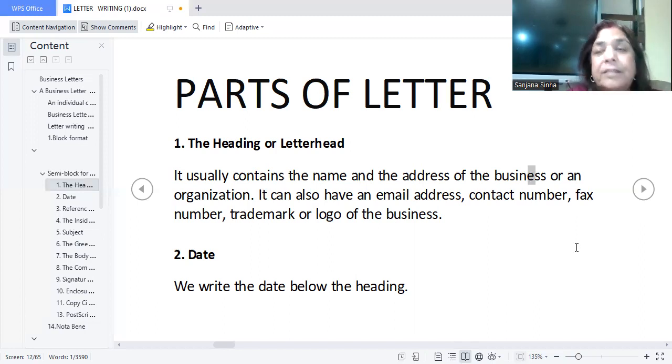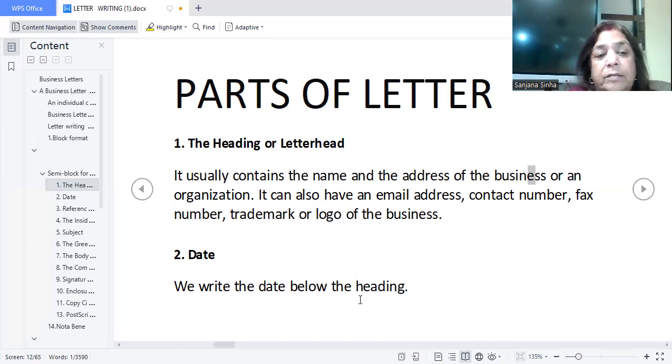And the letterhead is the official writing material of the company. When you start working, the company has different departments, but the letterhead will remain the same. So the difference between a letterhead and a heading is: heading is your name and address; letterhead is the company's name and address, the company's contact number, the logo of the company, the fax number, the trademark, and everything required.